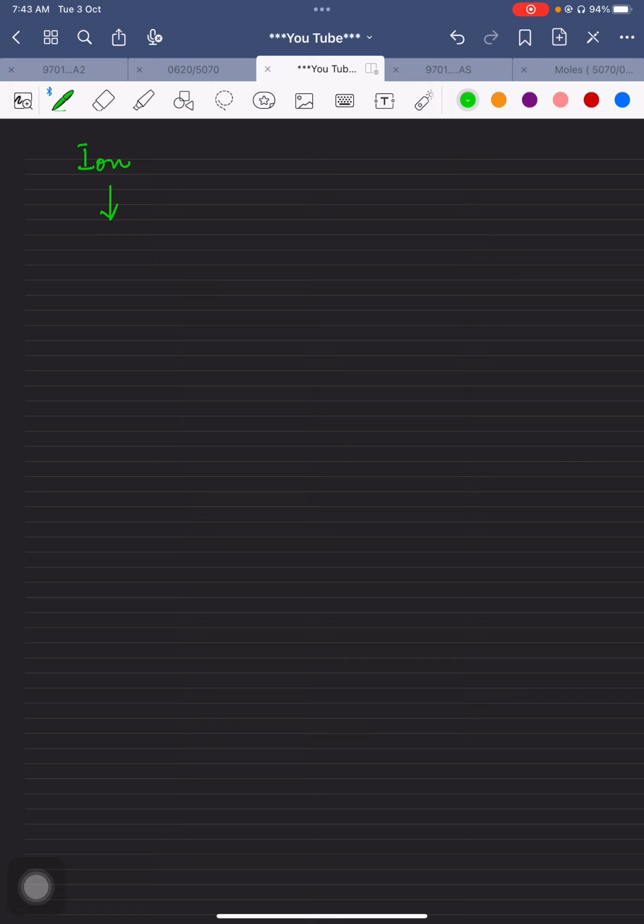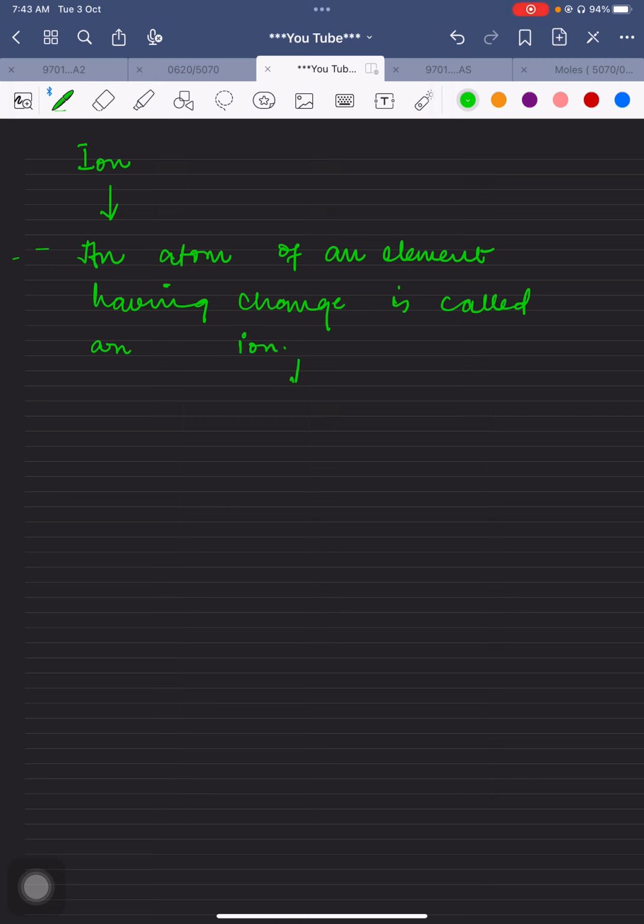We have discussed that an atom of an element having charge is called an ion, and that it can be positive or negative. This is another story which we have already discussed.